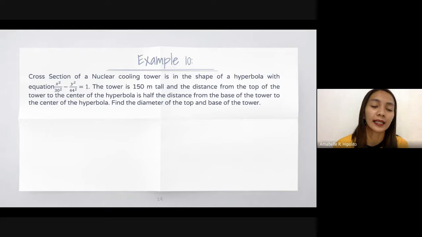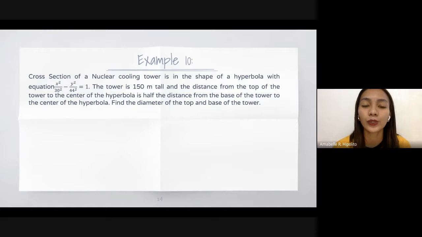Example number 10. So this one is word problem. Okay, so cross-section of a nuclear cooling tower is in the shape of a hyperbola with equation x squared all over 30 squared minus y squared all over 44 squared is equal to 1.